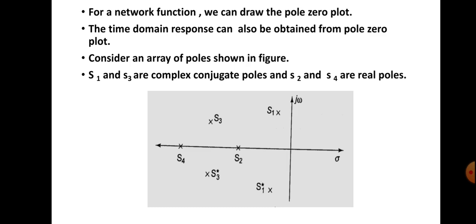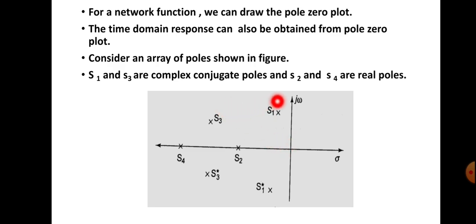We can draw a graph having the real axis denoted by sigma and the imaginary axis as j omega. Here we are marking the different poles. Poles are marked by crosses and zeros are marked by circles.